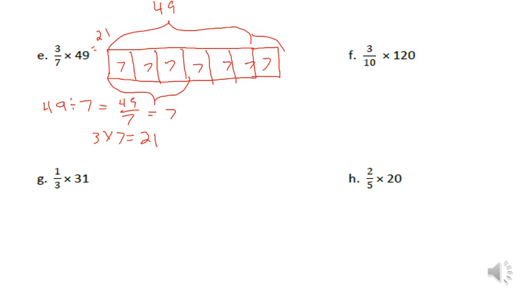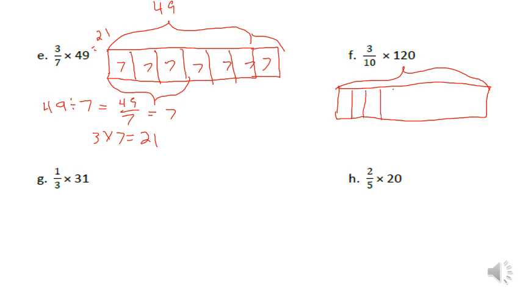Now our numbers are getting a lot larger over here. Now we know our total is 120. It says tenths. So we're going to split it into 1, 2, 3, 4, 5, 6, 7, 8, 9, and 10. Okay, and we're looking for 3/10.